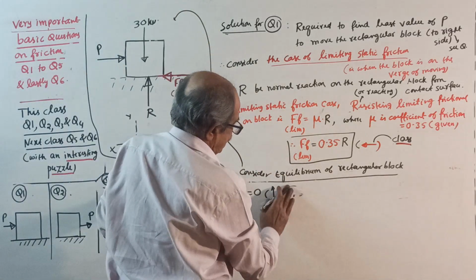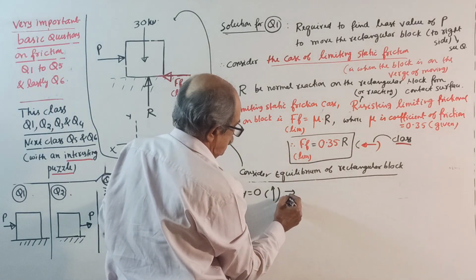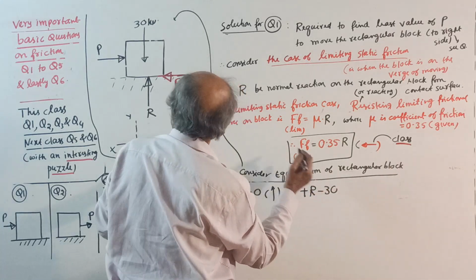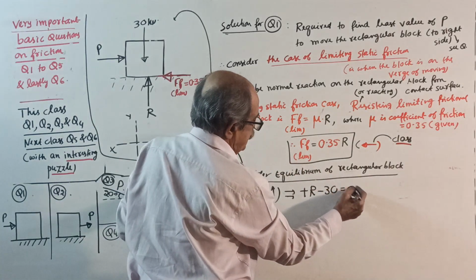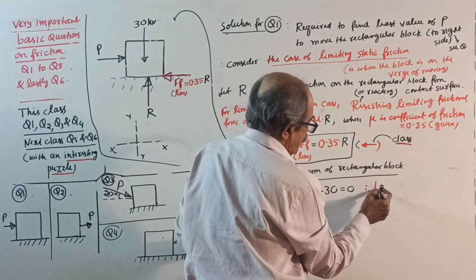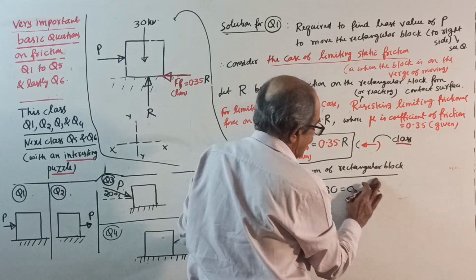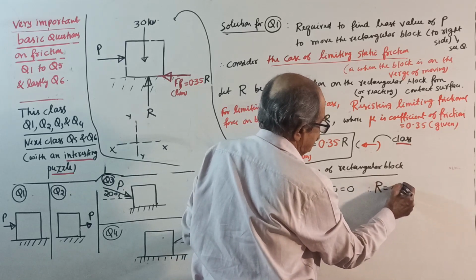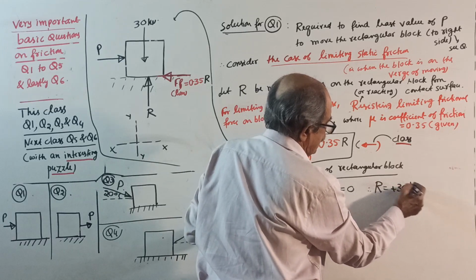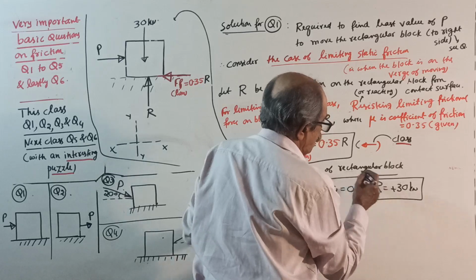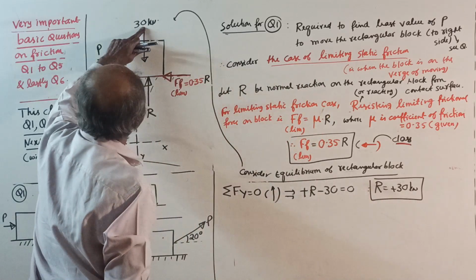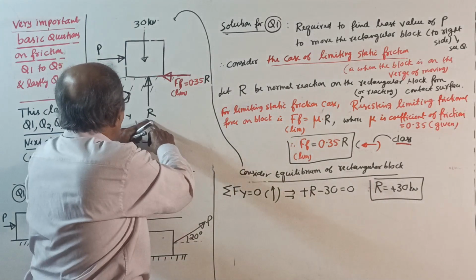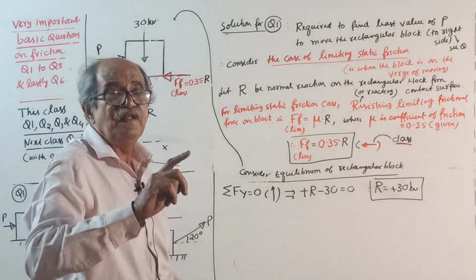Plus R minus 30 equal to 0. Therefore, your R will come plus 30 kilonewton. Now remember, make a note here: 30 kilonewton and P are the action. R and frictional force are the reactions.